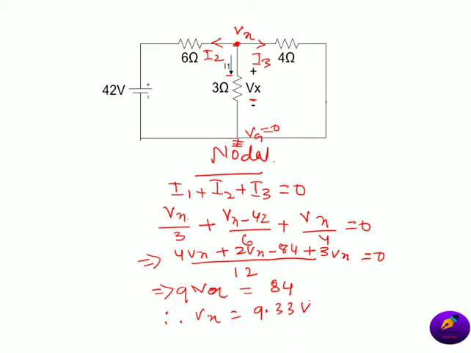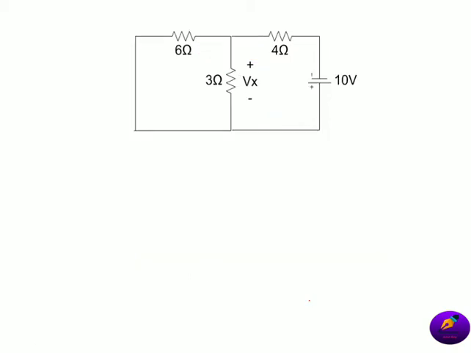Now considering the second circuit, we have suppressed the 42 volt source and have taken 10 volt as the active source. Here also we will consider this node as Vx and the bottom as Vz, which is 0 voltage of the ground, and let us assume this one as I1, this one as I2, and this one as I3.